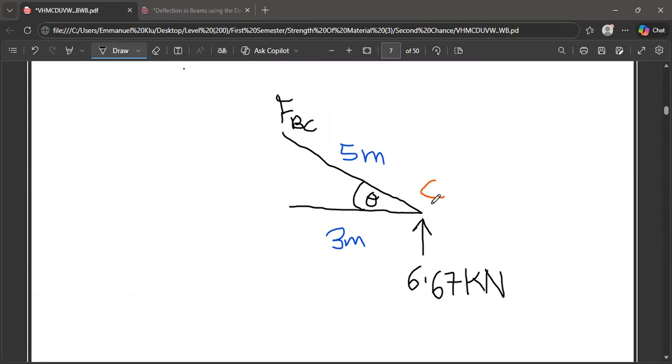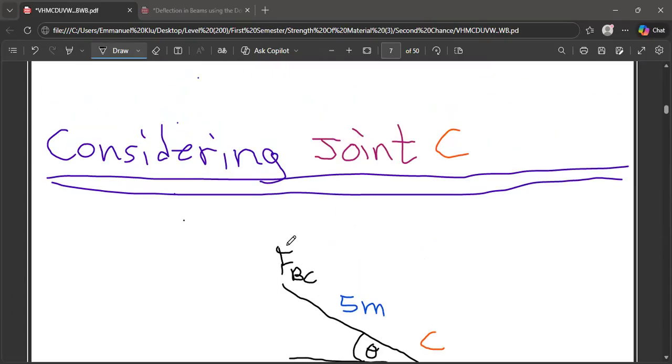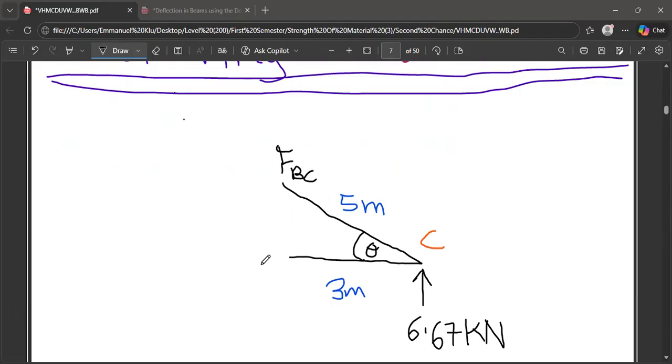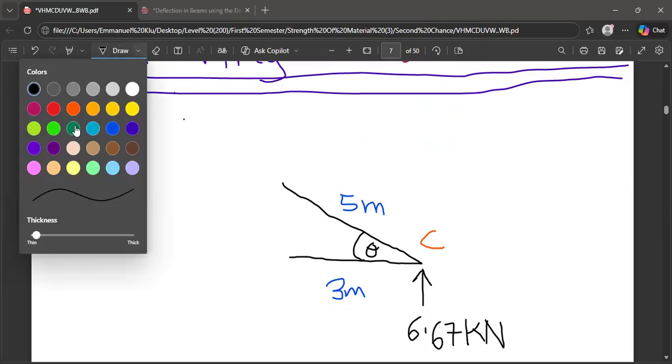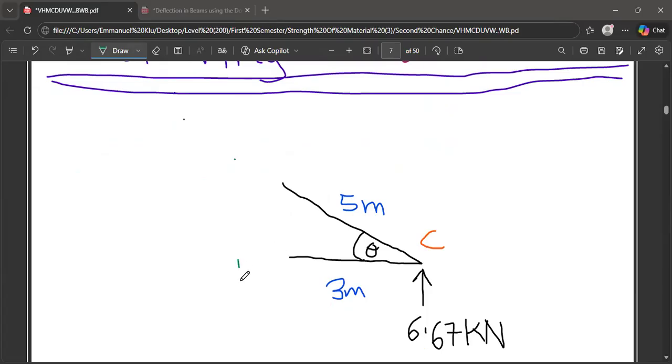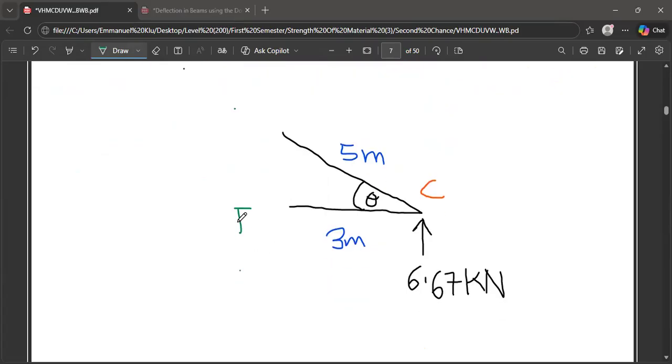And here can be FCB. Then here will be FCA. But we already know FCA. We already know the FAC, so FCA. This one, let me use a green color pen to denote it. You already know this one. This is FCA.